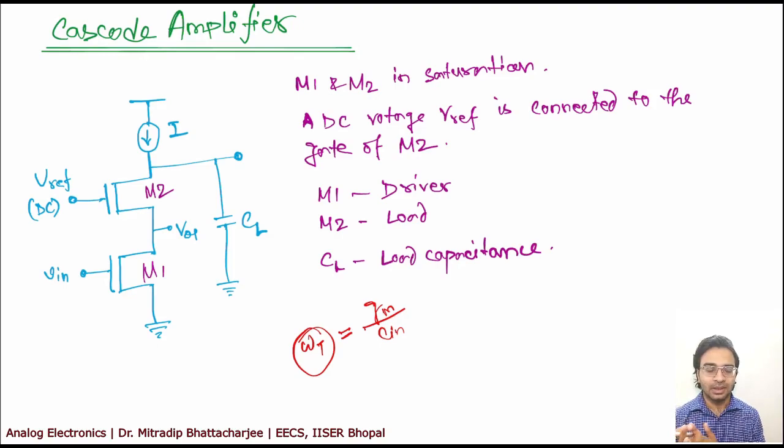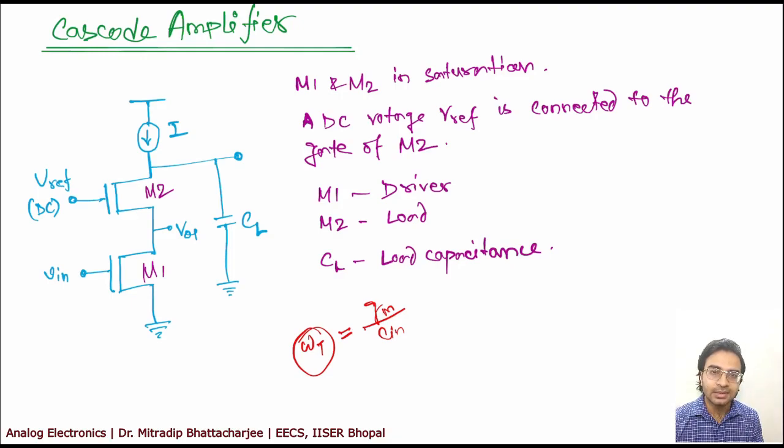In the gain bandwidth product, the minimum gain you would prefer is 1, because if it is less than 1, then obviously it is no longer an amplifier, and further it is going to reduce the magnitude of the output signal.